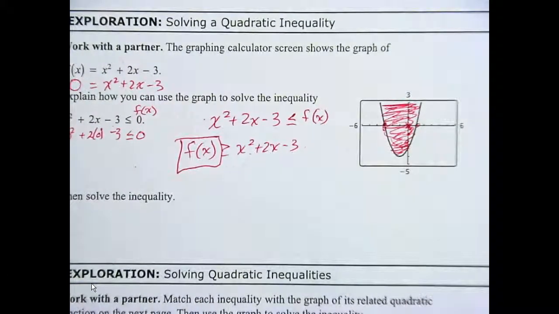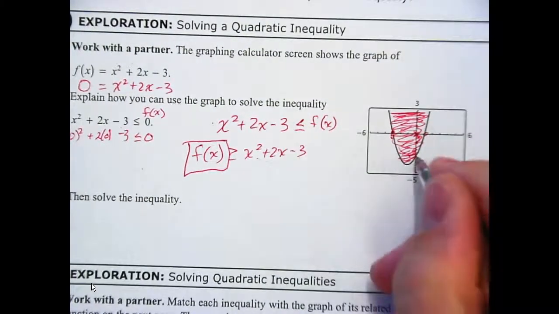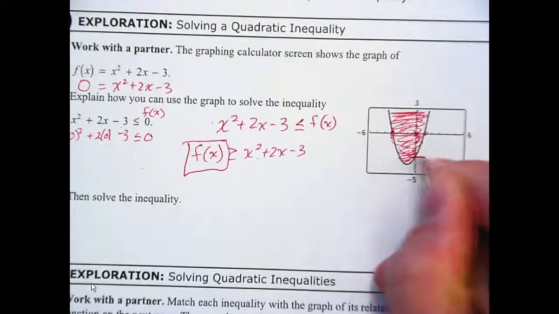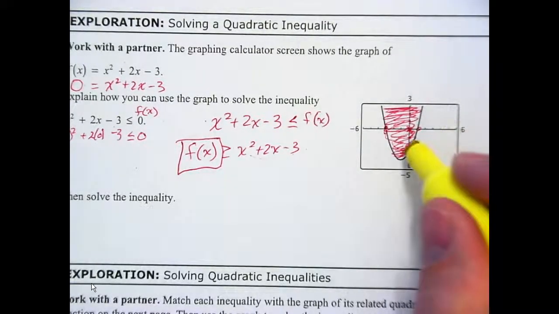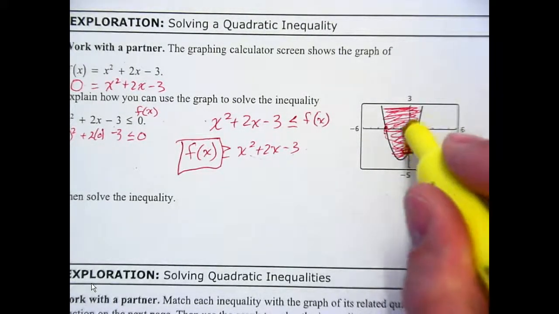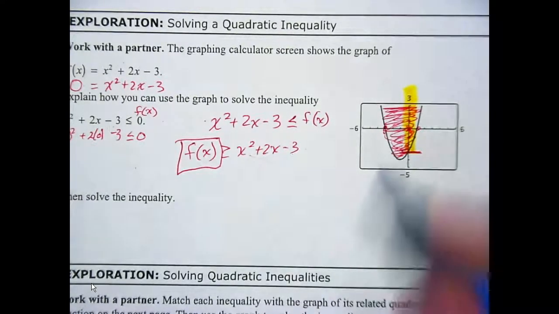Where are your y values greater? If you look at where your function hits the y-axis, which is right there, your y-intercept, it breaks the y-axis into 2 parts: the part up here and the part down here.